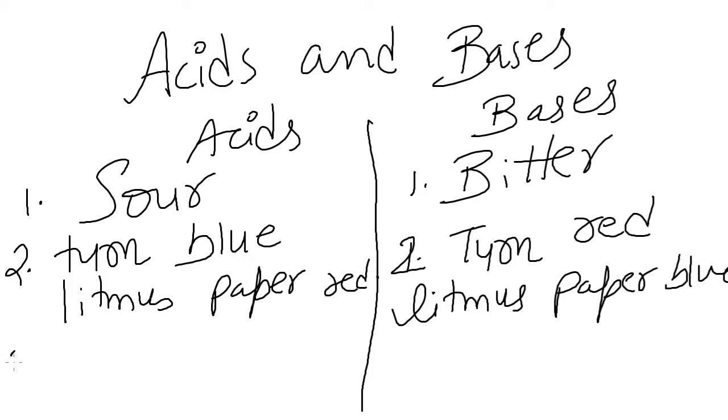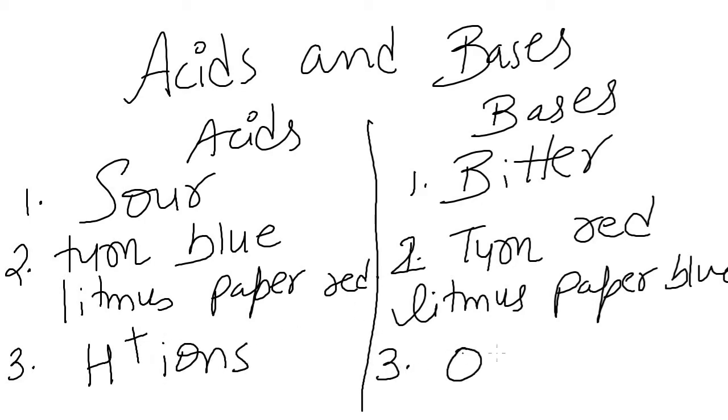And then the third and very important property of acids is when you put them in solution or in water, they form H plus ions. Okay, whereas the bases, they form only OH minus ions, the hydroxide ions. Okay, so remember this, it's a very important property.